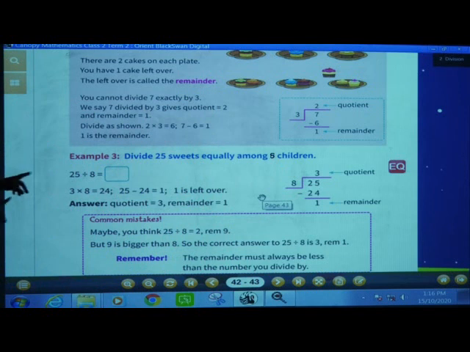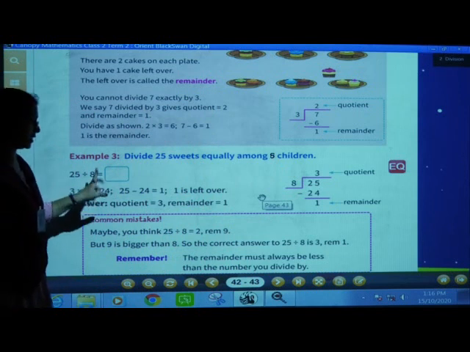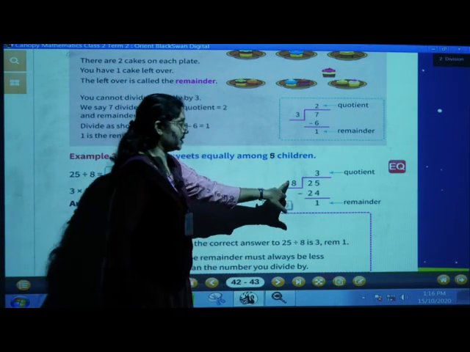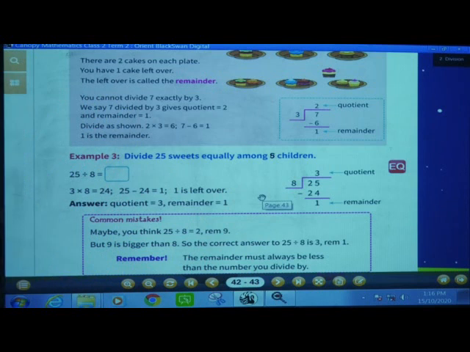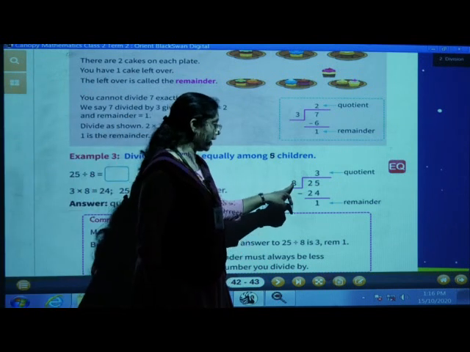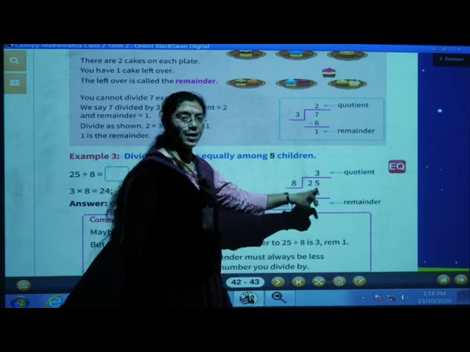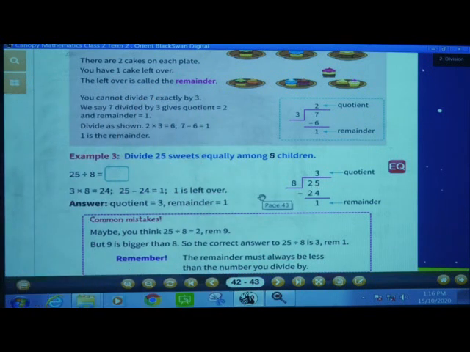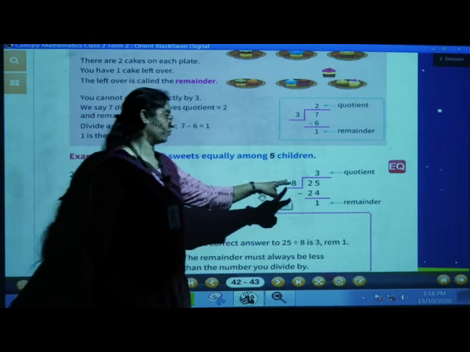Means 25 divided by 8 is equal to, see, 25 is the dividend, 8 is the divisor. So we have to say table of 8 till we reach 25. 25 is there in 8 table? No. Then what we will do?